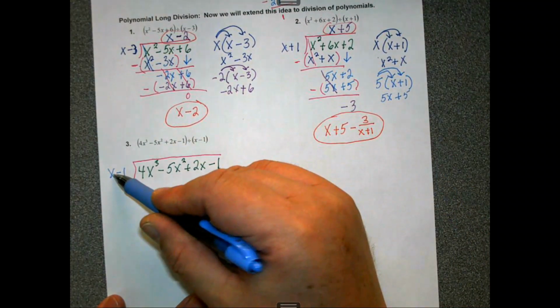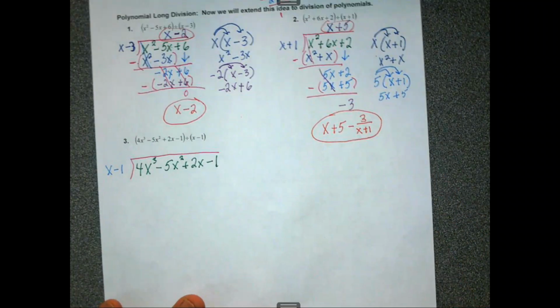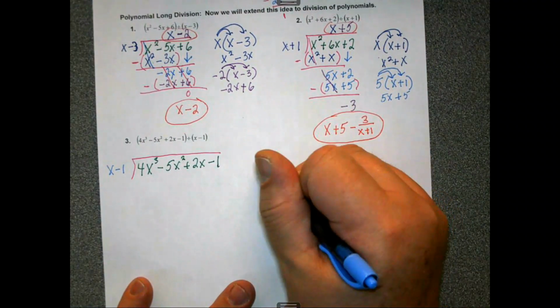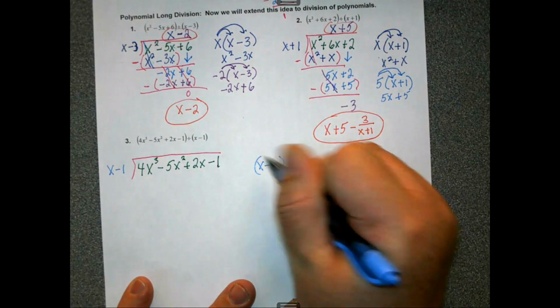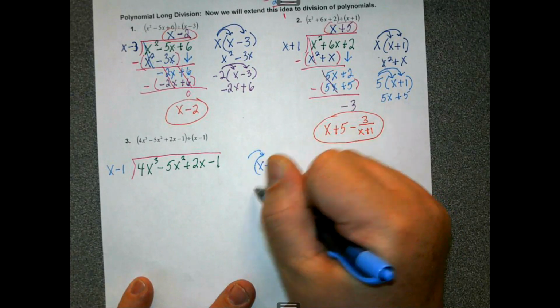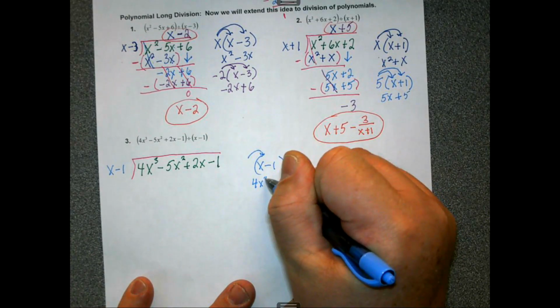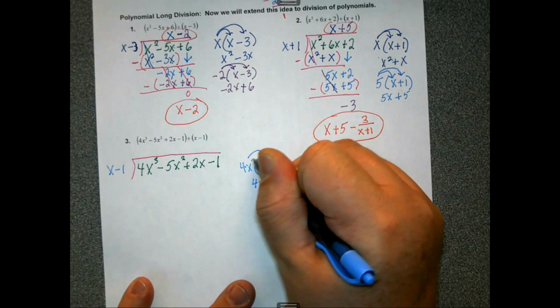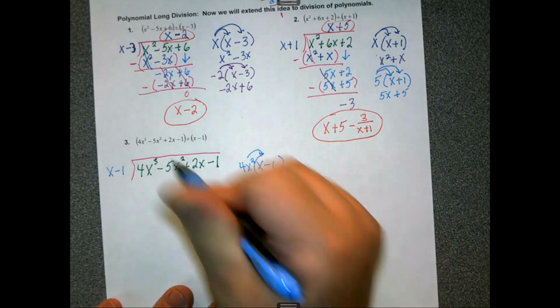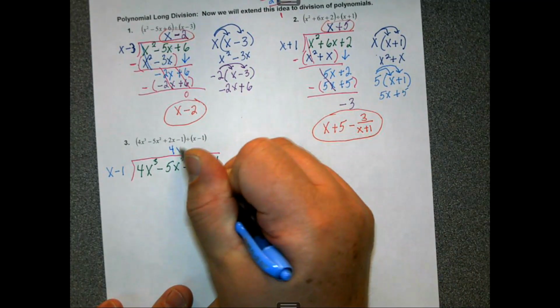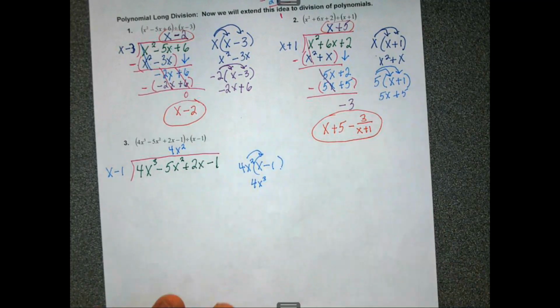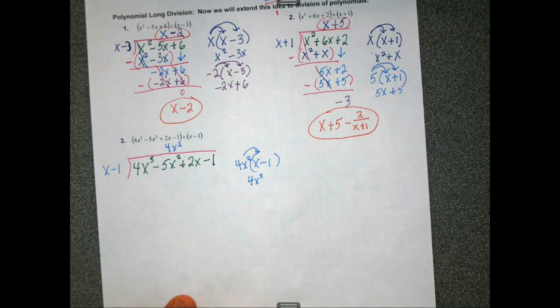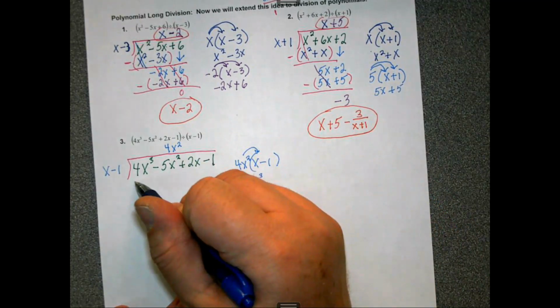How do I make this x into a 4x cubed? What am I going to multiply it by to get 4x cubed? Good. 4x squared. So 4x squared gives me 4x cubed.